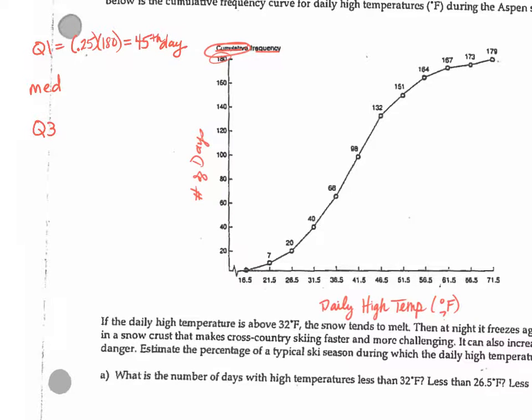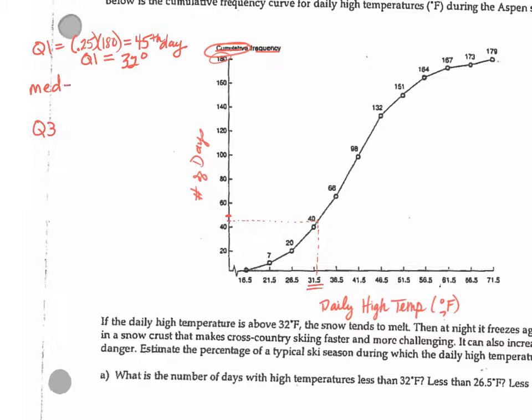So that means Q1 is what temperature? So let's find that. How about 32? 32 degrees. See the temperatures down here on the bottom? Yeah, the 45th day tracks down to 32 degrees.